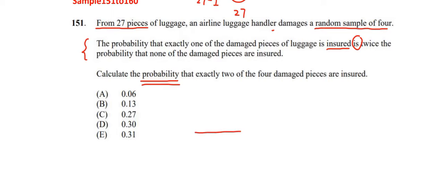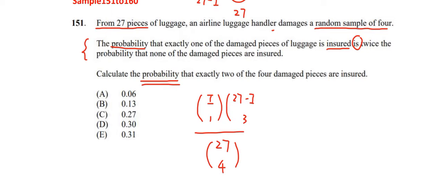Let's say from 27 pick 4. Here we want to find the probability that exactly one damaged piece is insured. From the insured we pick 1, and from the not insured we pick 3.